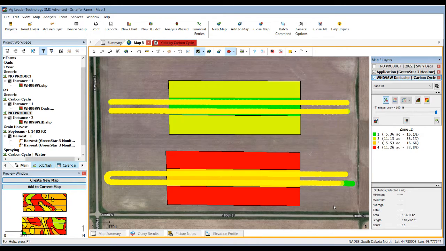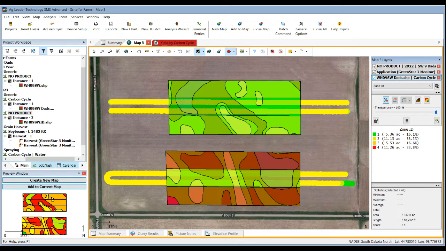The other thing, this farmer uses soil management zones to apply fertilizer types and rates, and apply seed, variable rating soybean seed as he plants. So not only did we break it down to where the Carbon Cycle was sprayed, we broke it down by management zone. And that map overlaid looks like this.